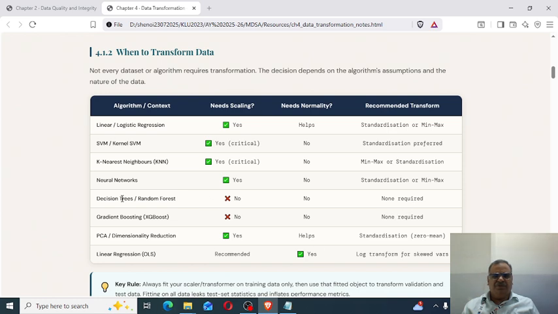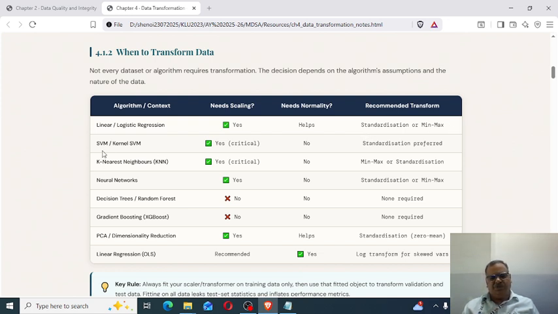Okay, so when we are using certain kinds of algorithms, we require normality of the data, and scaling may be required. So when we use linear or logistic regression, we use either z-score or min-max normalization.